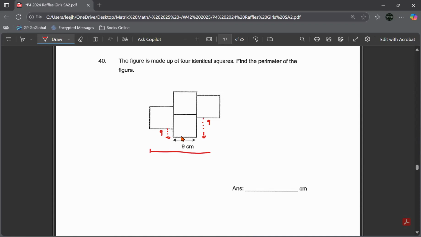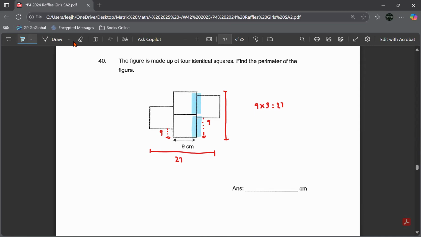So this will actually be 9 times 3, 27 cm. But what about the top to bottom? If you look at the top to bottom, you can see it's actually here to here. So it's actually two measurements of 9. You push it out.